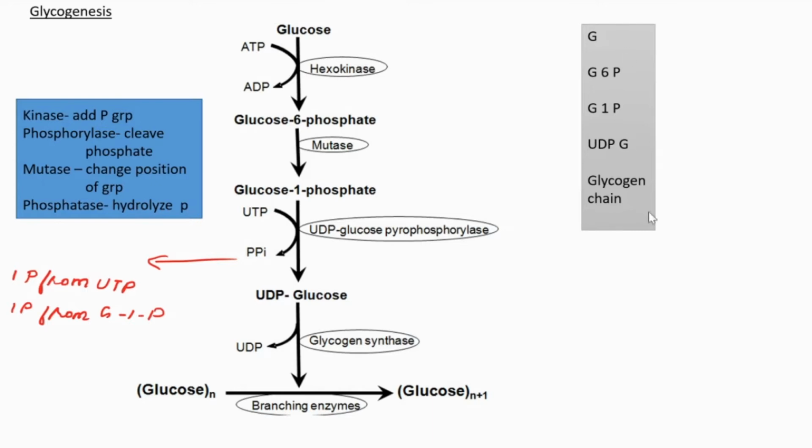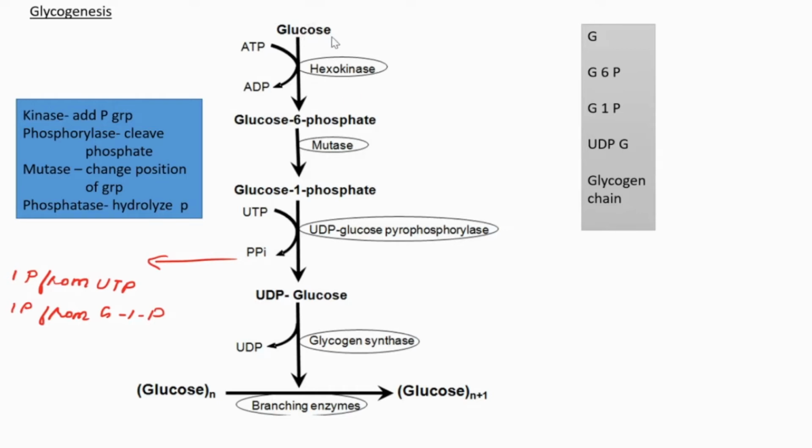As we know, these are the main substrates. So glucose, and after glucose should come glucose 6 phosphate. Glucose 6 phosphate means one phosphate group is coming, so there should be an enzyme, and that enzyme is a kinase.